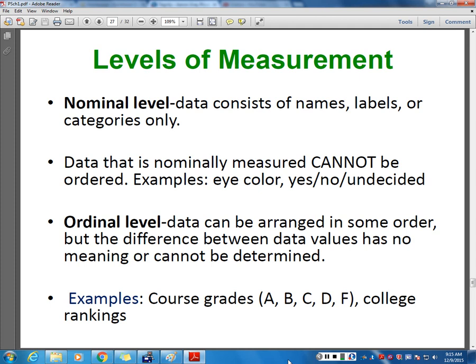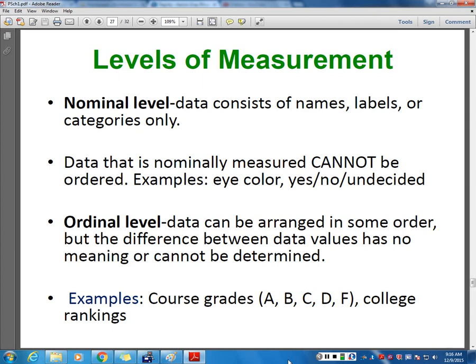The ordinal level of measurement consists of data that can be arranged in some order, ordinal. But the differences between data values have no meaning, or they can't really be mathematically determined. For example, course grades, letter grades, A, B, C, D, and F. Those are categorical data, and the level of measurement is ordinal because they can be put in order.